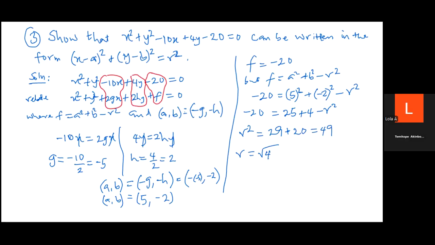Hence, don't forget the question says we should express it in the form (x minus a) squared plus (y minus b) squared. So I will have now (x minus a), a is 5, squared, plus (y minus b), b is minus 2, so it will become (y plus 2).